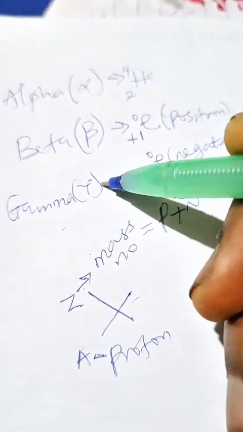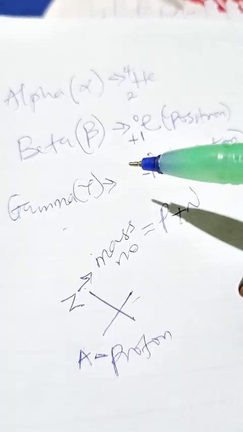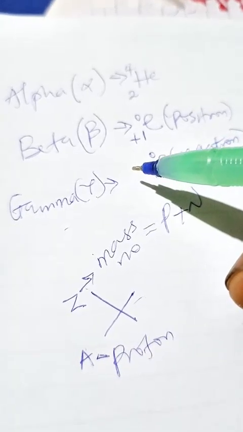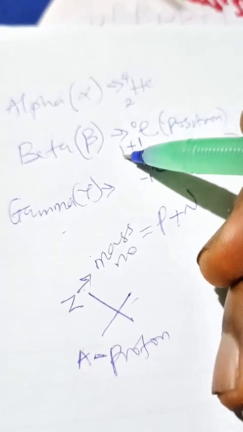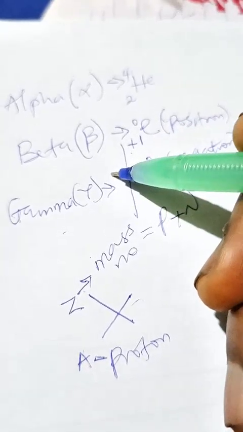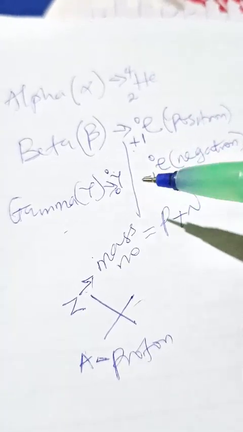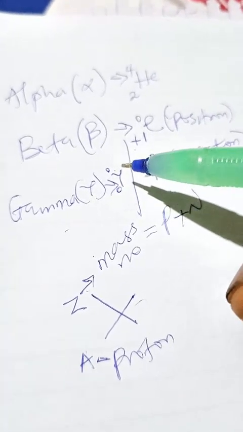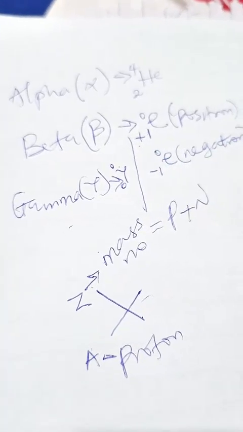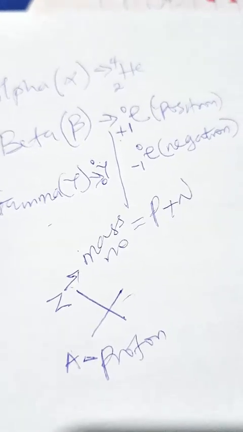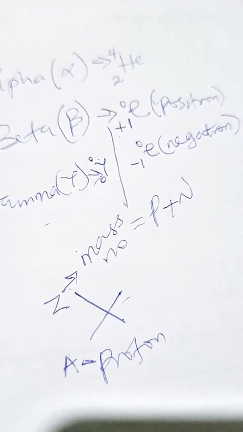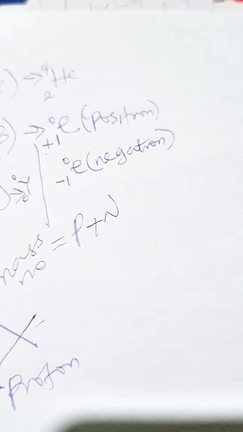It has no protons and no electrons, or rather it has no mass number and no atomic number. So for gamma ray, it's 0 up, 0 down. 0 up, 0 down means no mass number, no atomic number, because it's not a particle, it's a radiation. So these are the 3 types we have when we are dealing with radioactive elements.